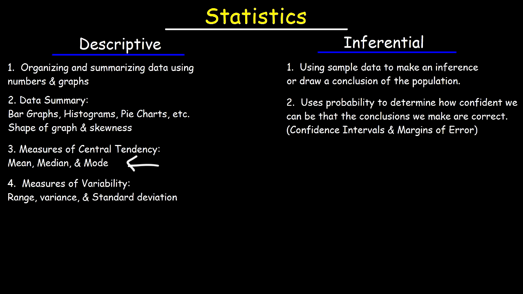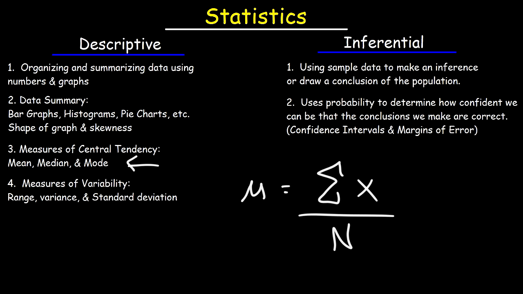Now there's two types of means that you want to be familiar with. The first one is the sample mean, which is basically the sum of your sample data divided by the number of data items in your sample. The second is the population mean, which is also the sum divided by the number of data items in the population.